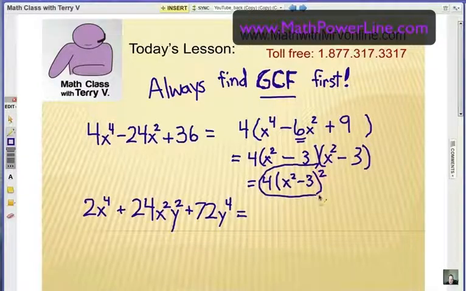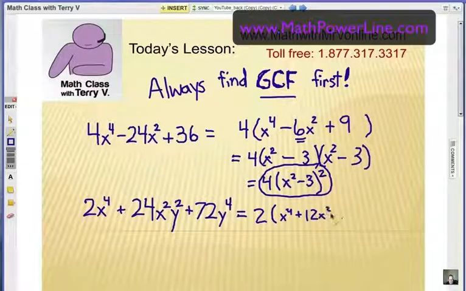Not too bad. Look for the GCF first. In this case, I have a 2 factor I can factor out. So let's do that. Dividing 2 into each part would be x to the 4th plus 12x squared y squared plus 36y to the 4th.